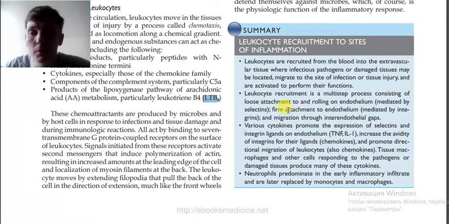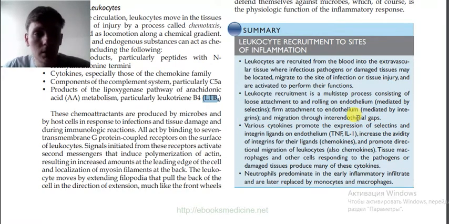But firm attachment to endothelium happens with the help of integrins. Integrins are silent during the normal life of neutrophils, but after activation by cytokines, they can firmly attach to the endothelium and then facilitate the transmission of neutrophils through the endothelial wall.